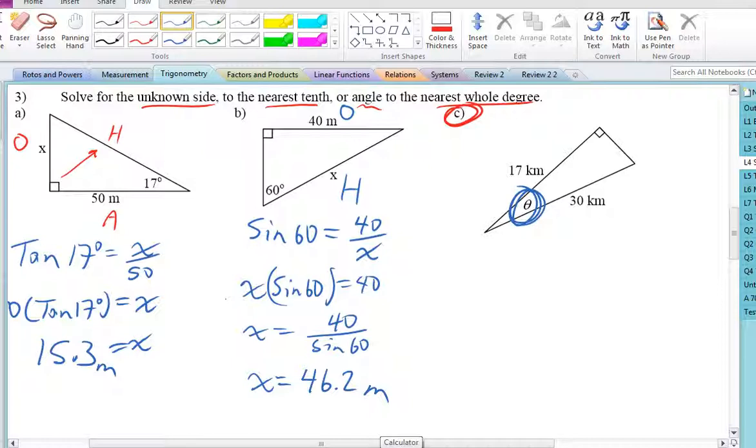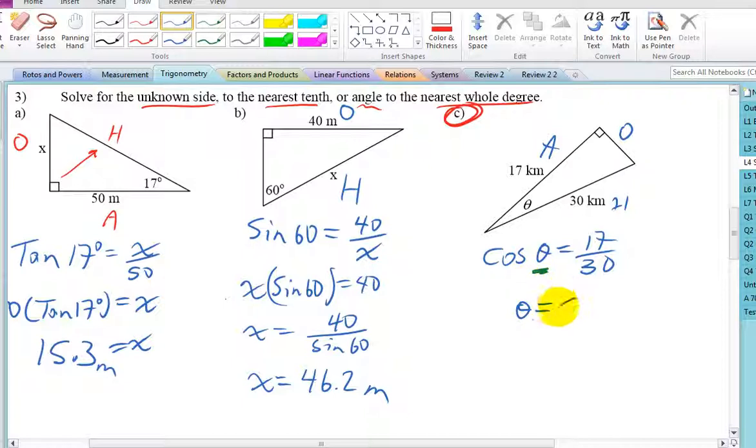C's different. Label your HOA, choose a ratio. That's not different. So OHA. Cos theta equals 17 over 30. Make sure you always have something written right here and underline the green. Then you want to split theta and cos. Move cos to the other side by doing the -1.